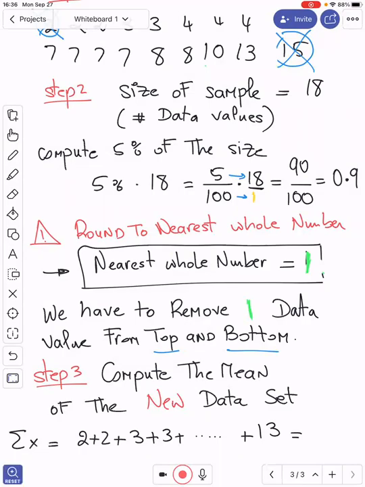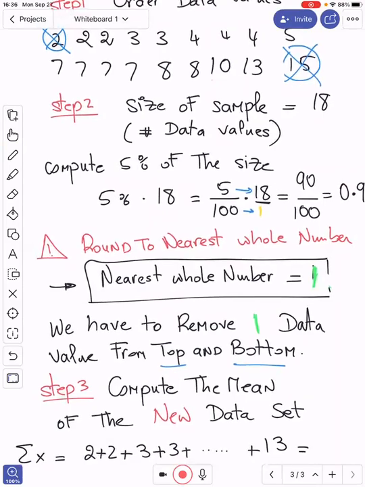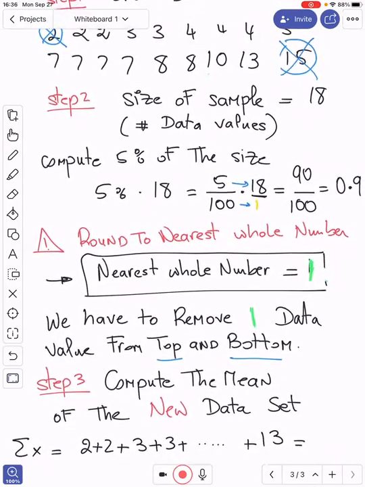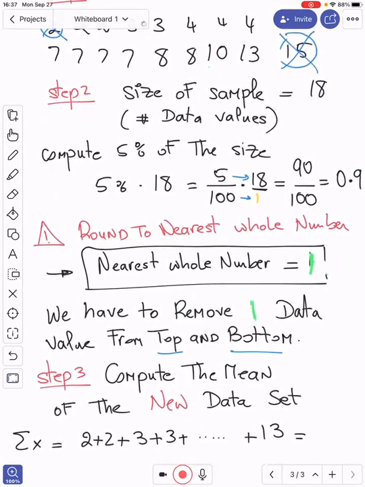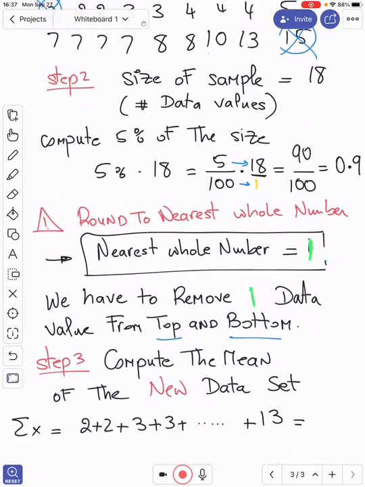Again, because I removed the 15 and I removed one 2, the first data value, this sum here should be equal to 94.